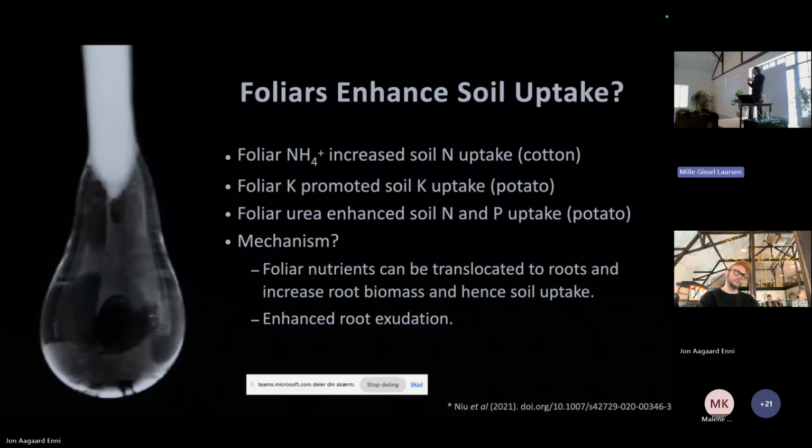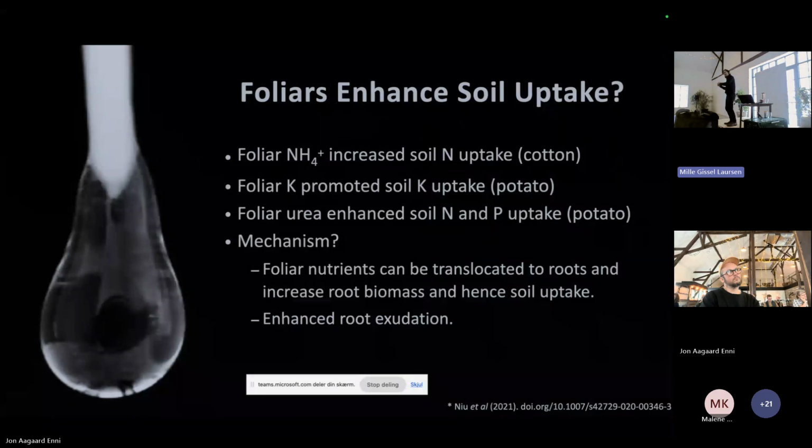That's the main mechanism. Now, some of your foliar applied nutrients can also be translocated down to the roots and stimulate root growth, root biomass growth. And when you grow a bigger root system, that also means that the plants are able to get more nutrients out of the soil. So really, foliar feeding is just about helping the plant get nutrients from the soil.